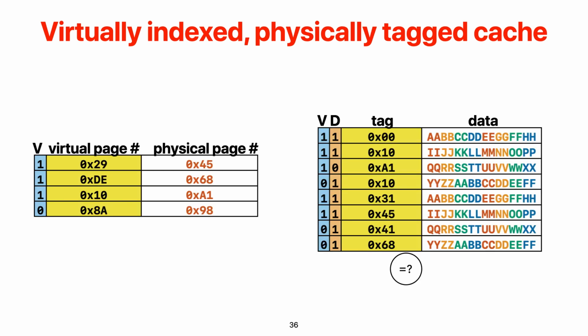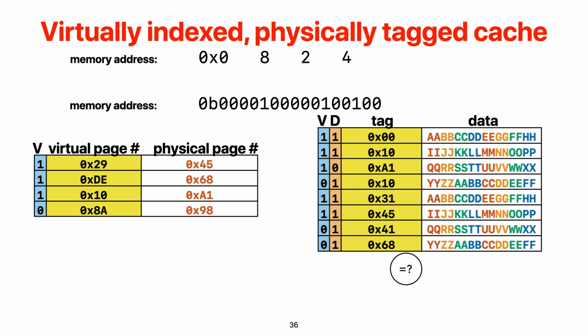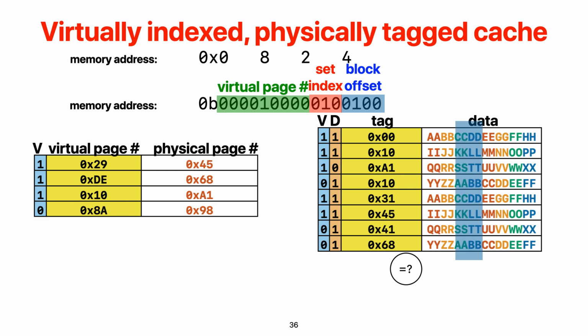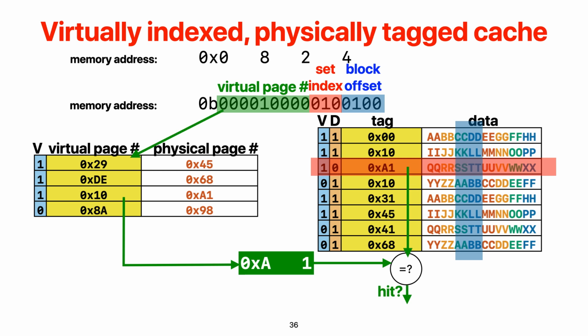So here is another graphical representation of how it works. Say I have a virtual address 0824. Here is the binary translation of it. We create a block offset and set index out of it, and assume the set index and block offset are the page offset of this address. Then it's not translated, and we can use the virtual page number.